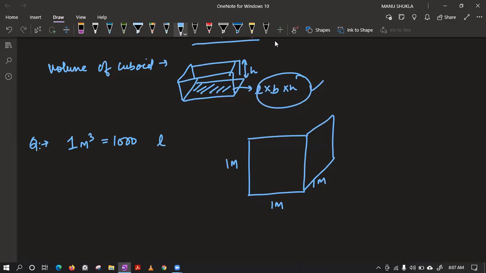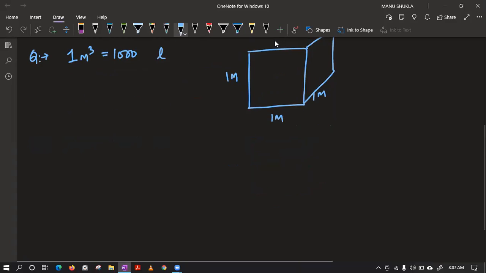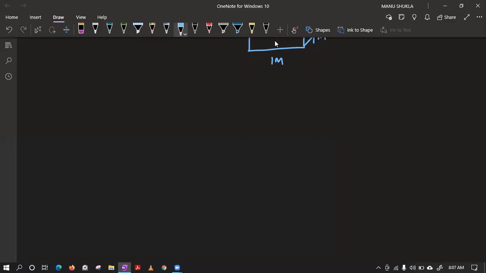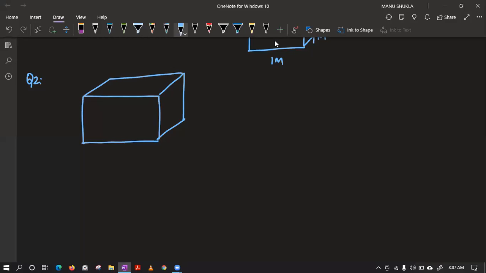Now the question is: there is a cuboidal water tank which is 6 meter long. So the length is given to you as 6 meter.